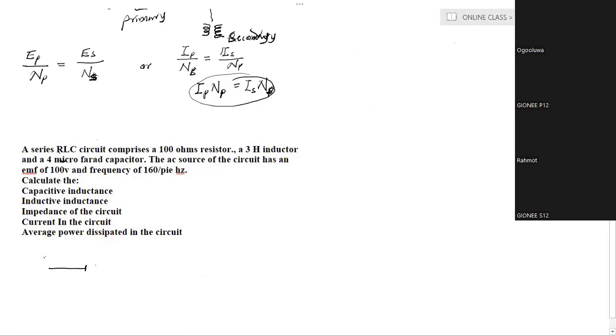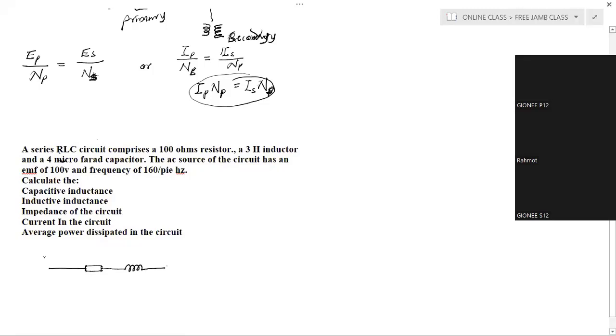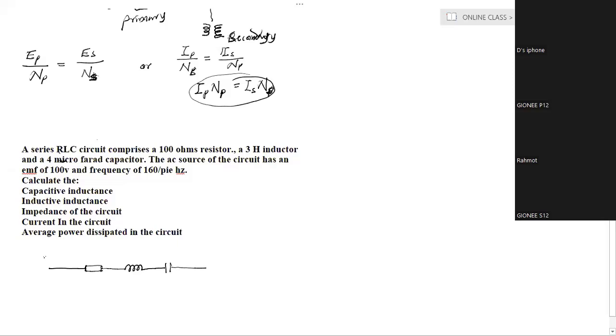We have the resistor with the inductor and the capacitor, all connected to a source, AC source.